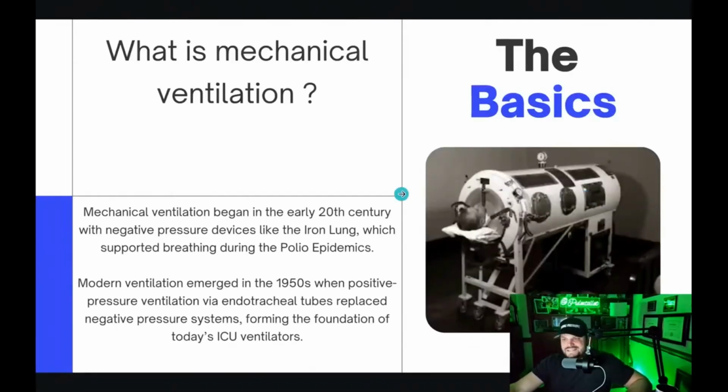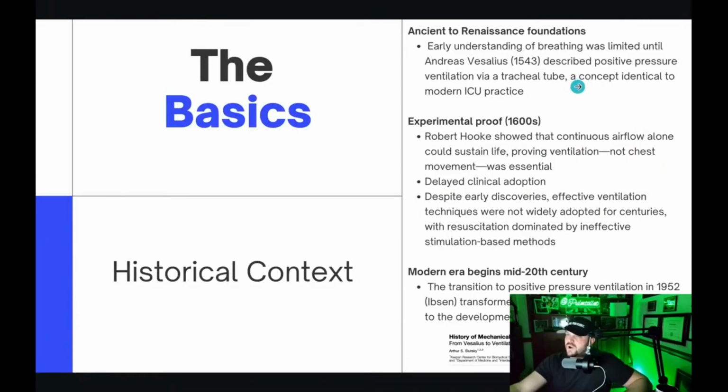So basics, what is mechanical ventilation? You probably don't remember actually. In a time past, we had the polio epidemics, and these things would spike. And then you might end up in an iron lung, which is what this guy's in. So ventilation has been around for quite some time, whether in ancient times or how we learned that you can keep someone alive by ventilating them through their trachea.